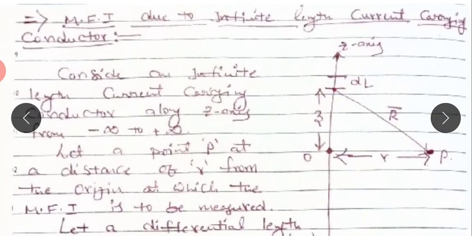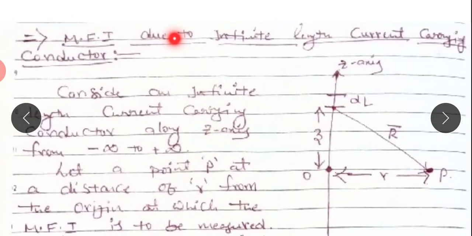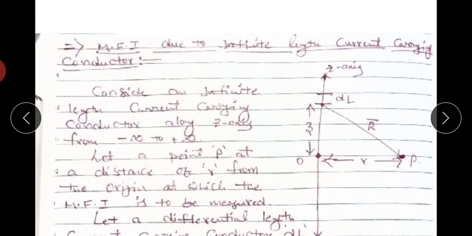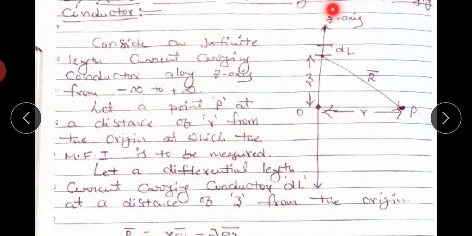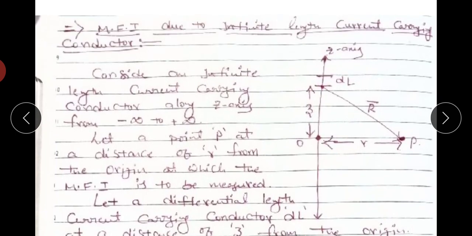Next, the derivation of magnetic field intensity due to an infinite length current carrying conductor. Consider an infinite length current carrying conductor along the z axis from minus infinity to plus infinity. Assume the current direction is upward, the z direction.